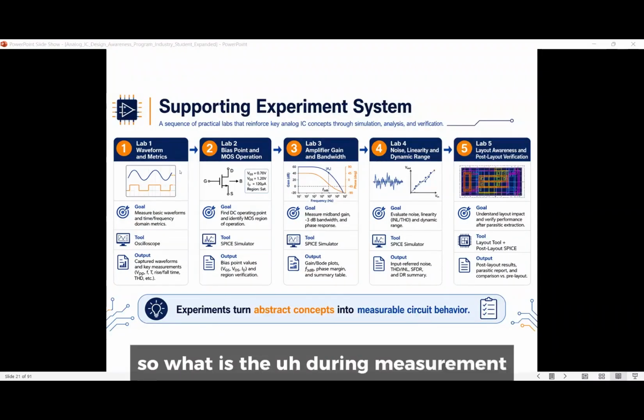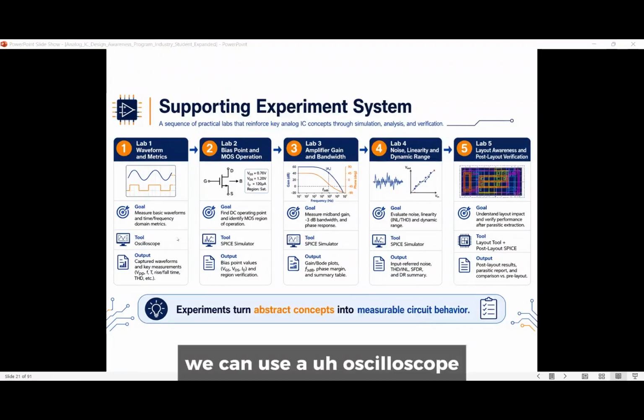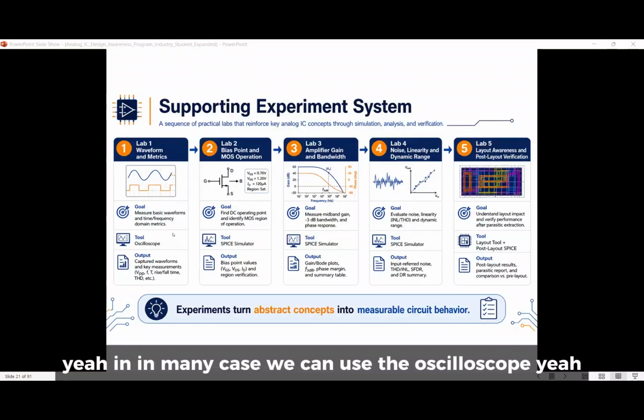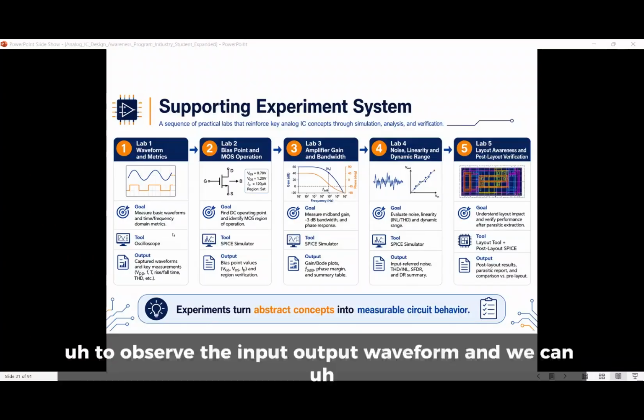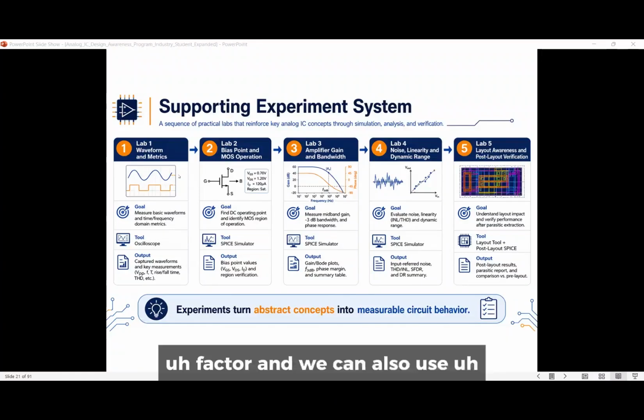So during measurement, what can we use to measure the signal? In many cases we can use the oscilloscope to observe the input-output waveform, and we can calculate the input to output amplification factor. We can also use something like a spectral analyzer.